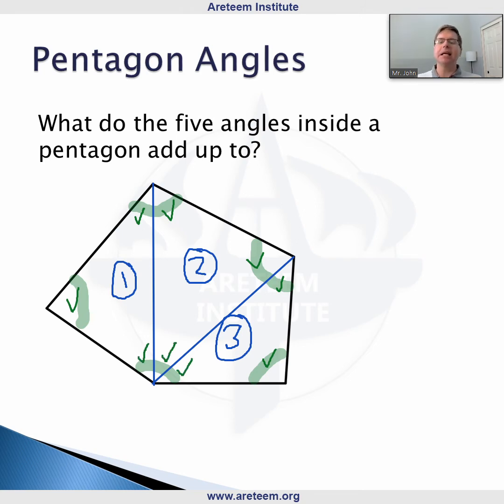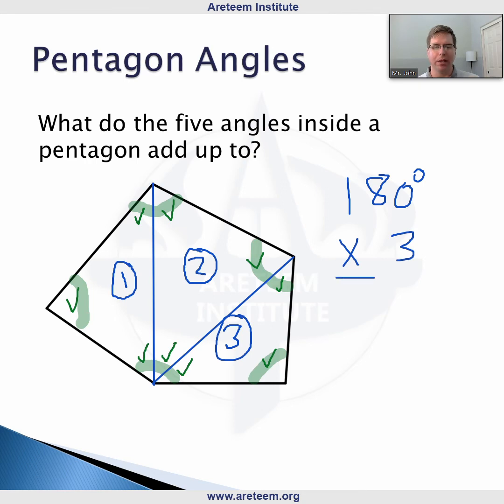Right, so the idea is that every angle in the pentagon is either an angle of a triangle or part of it, one part of it is an angle of the triangle. Therefore, when we want to know the angles in the pentagon, what their sum is when we add them all up, this is the same as adding up 3 triangles. So the 3 triangles, each of them have 180 degrees.